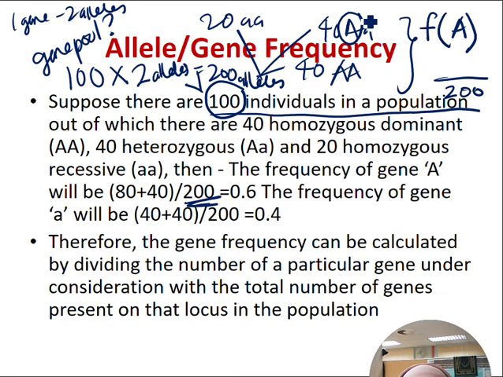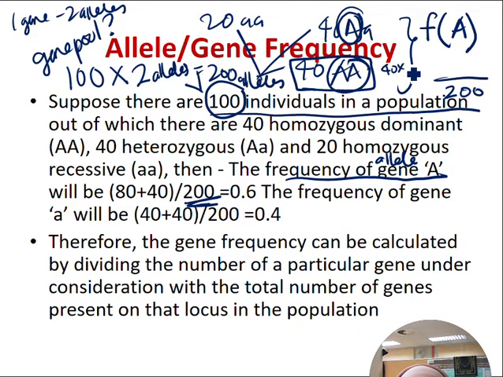Now we want to know the frequency of allele A. First, we have 40 homozygous dominant. Each of them has 2 dominant alleles, so 40 times 2 is 80.